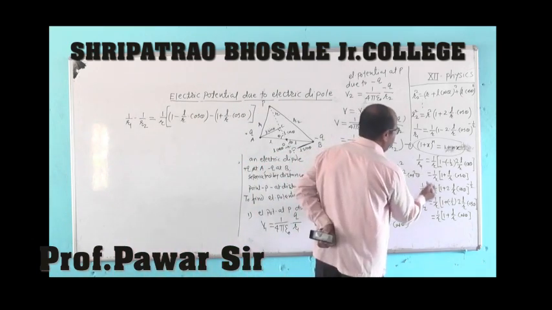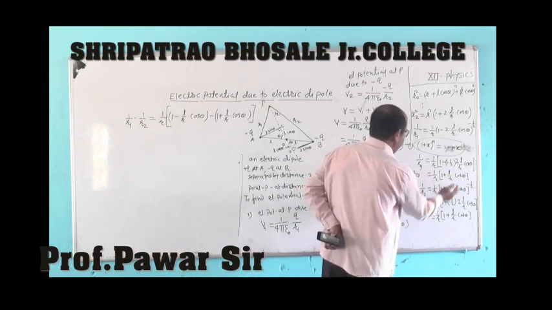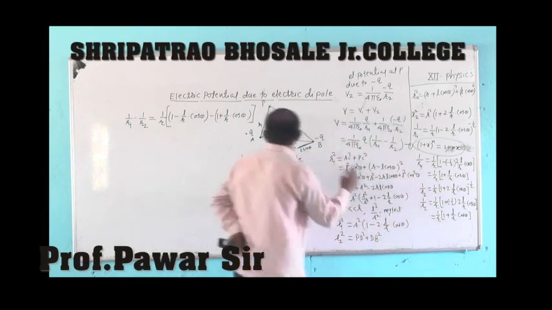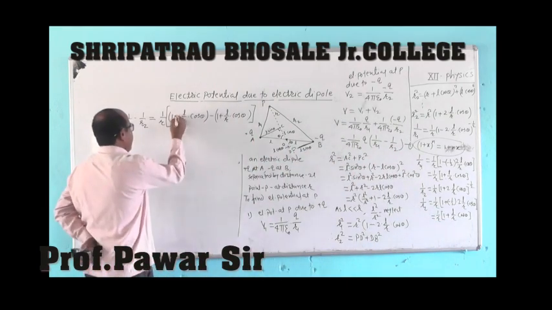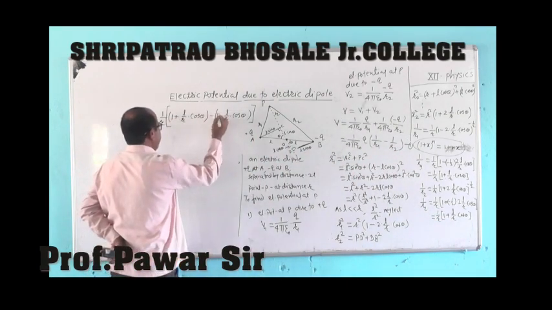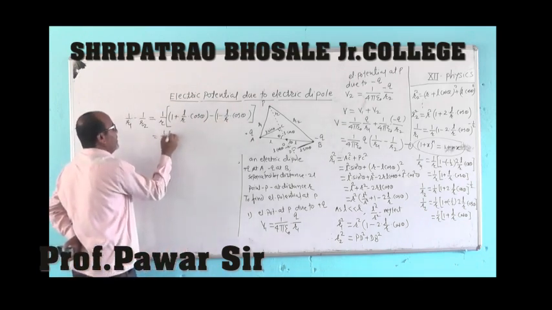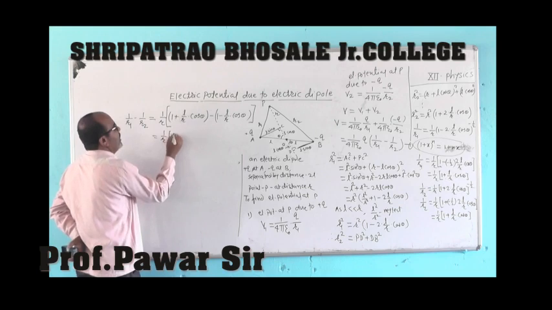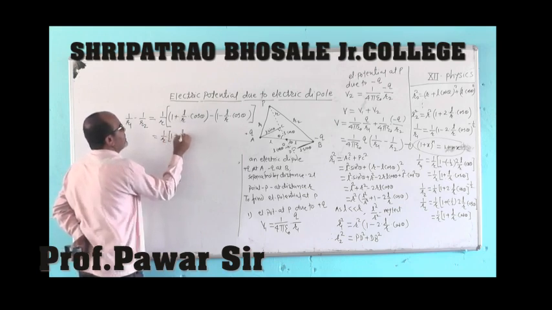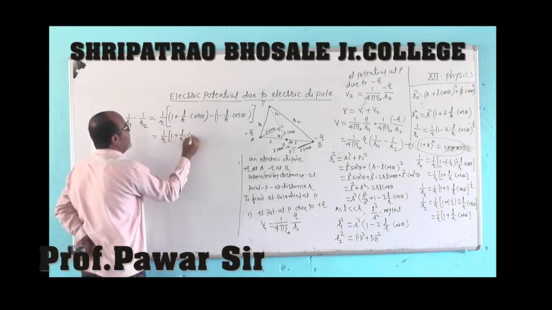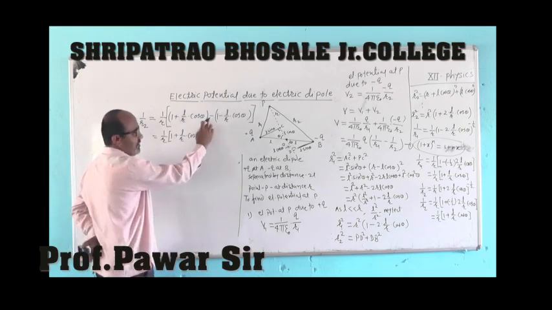In case of R1, there is a plus sign. R1 is plus sign and R2 has minus sign. So it will be 1 divided by R into bracket 1 plus L divided by R into cos theta.